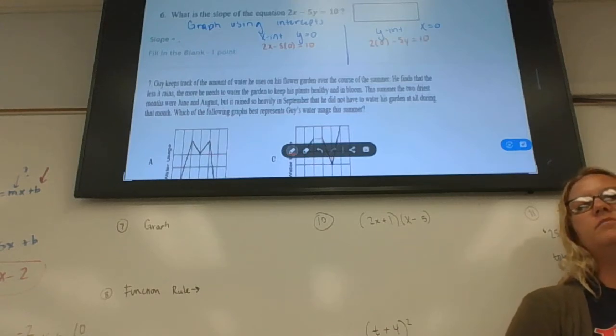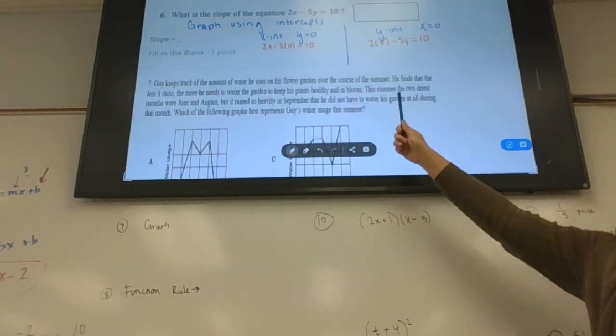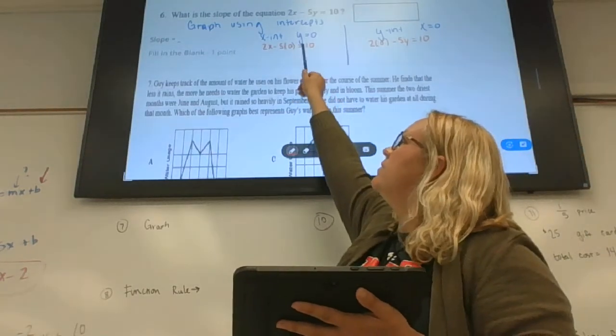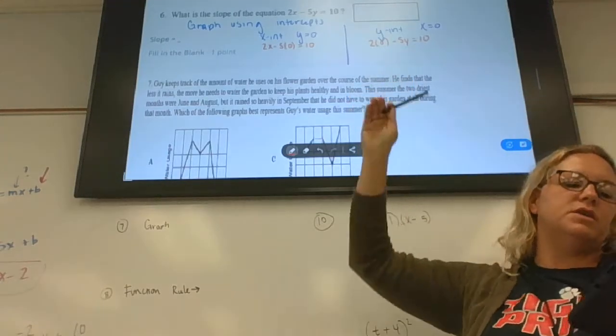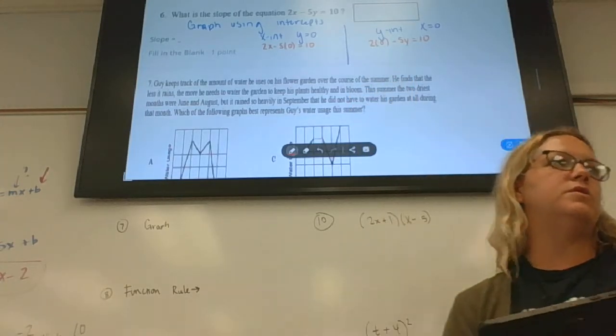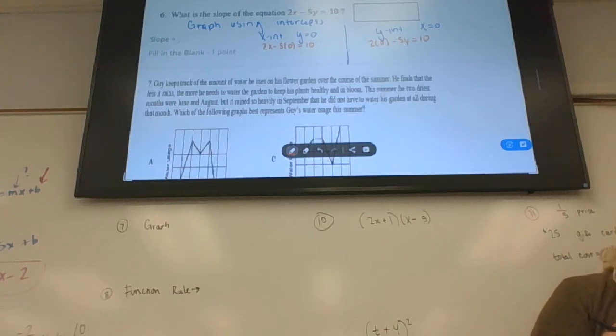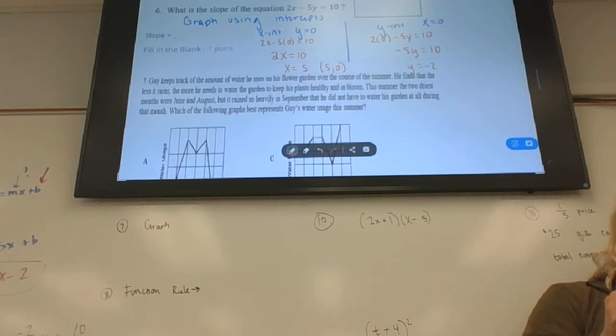Remember doing that, Akeem? Remember doing this? Where you plug in 0 for one and find the intercepts, and then you plug in 0 for the other one and find the intercepts. If it's in standard form, you can always find intercepts and graph that. So 2x equals 10, x equals 5. Y equals negative 2.